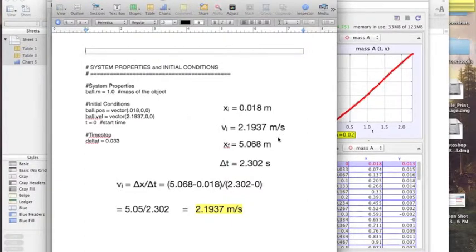So we found our initial velocity to be 2.1937 meters per second, and we put this into our velocity vector in Python, and I made delta t 0.033. That way, when I exported the data, the Python table and the Tracker table were directly comparable.